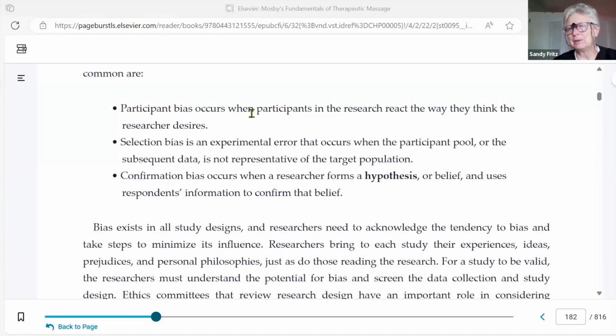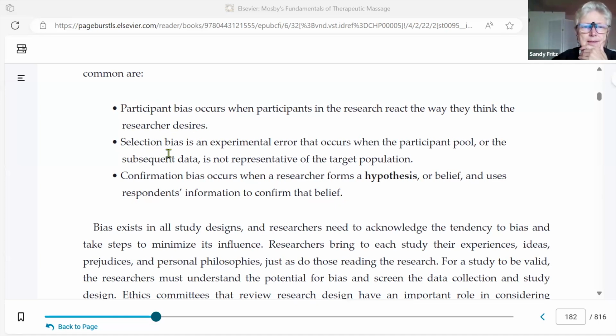An example in a client interaction would be if you ask them to move their arm, they will try to do it the way you expect them to, or after you have done something and you do a post assessment and have them move their arm, they're going to want to try to perform in a certain way.